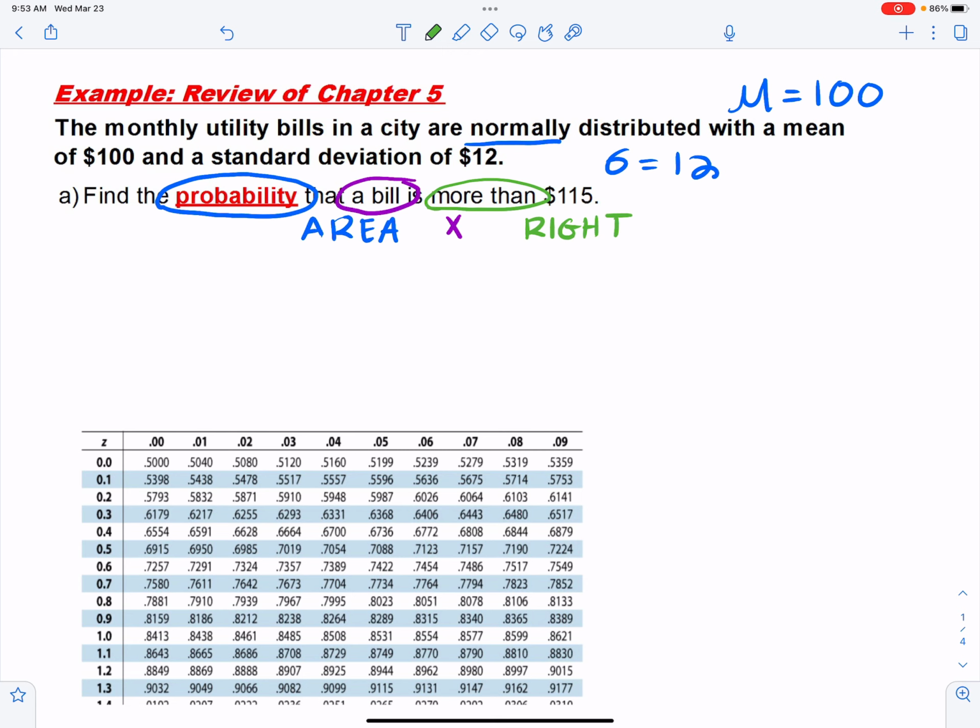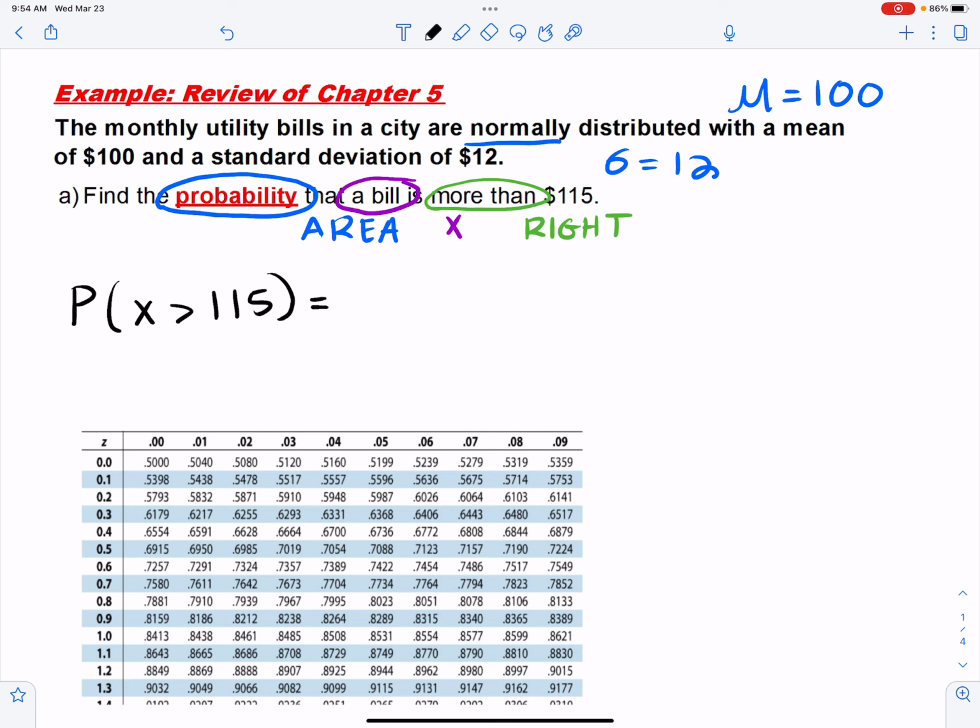Now remember, there are some different ways these problems can be presented. The equivalent probability notation here could be written as: find P, the probability that X, an individual bill, is more than $115. That's the same process. Or I could be shown a graph.